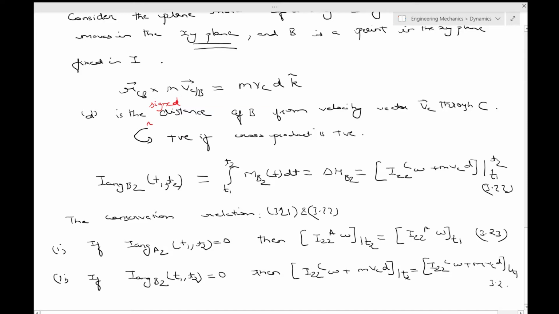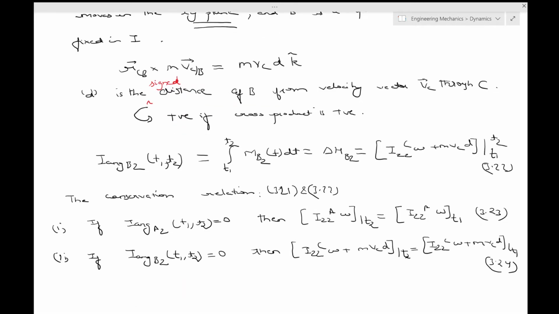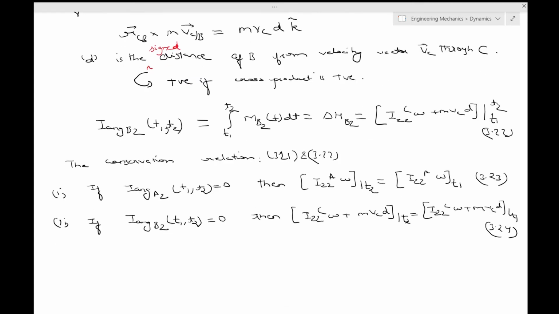This is 3.24. So these are the conservation relations which correspond to 3.21 and 3.22. I hope you are clear how we are able to derive this.